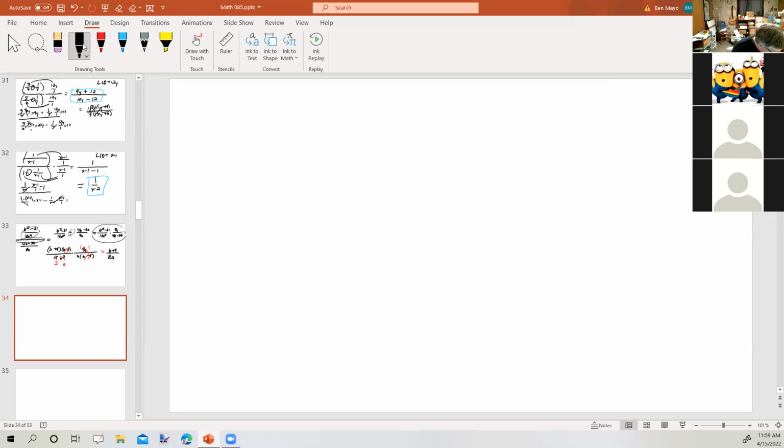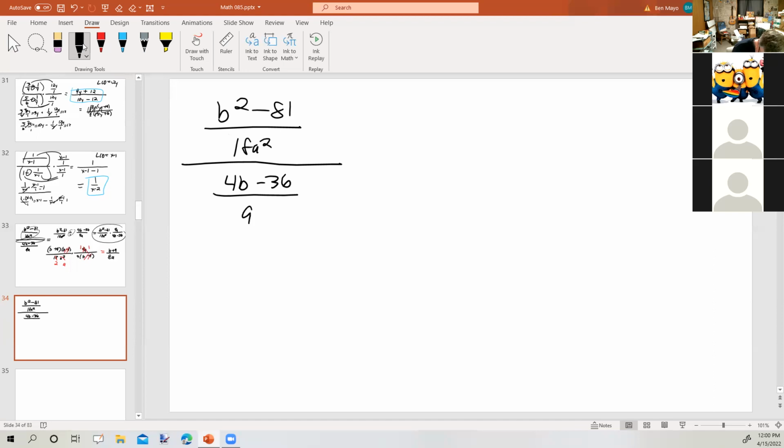All right, let's see. So b squared minus 81 over 18a squared, and then 4b minus 36 over 9a. So the LCD would be 18a squared. Are you okay with why that's true?